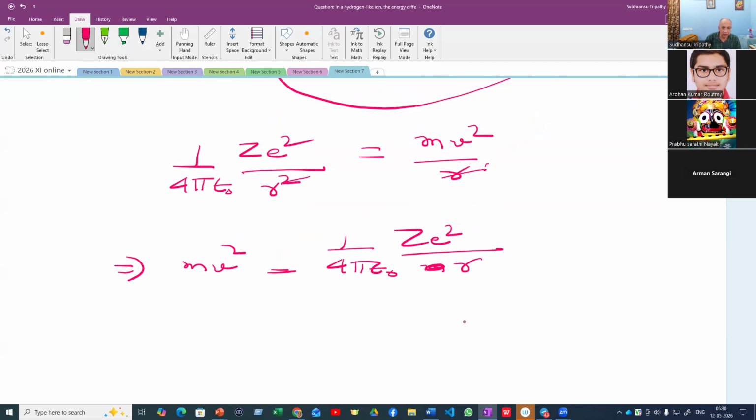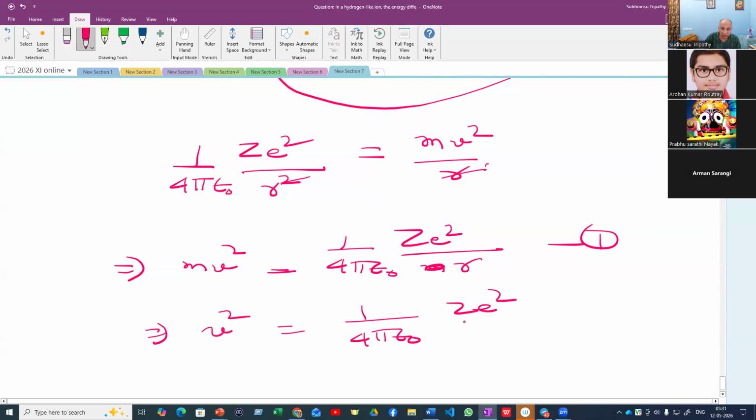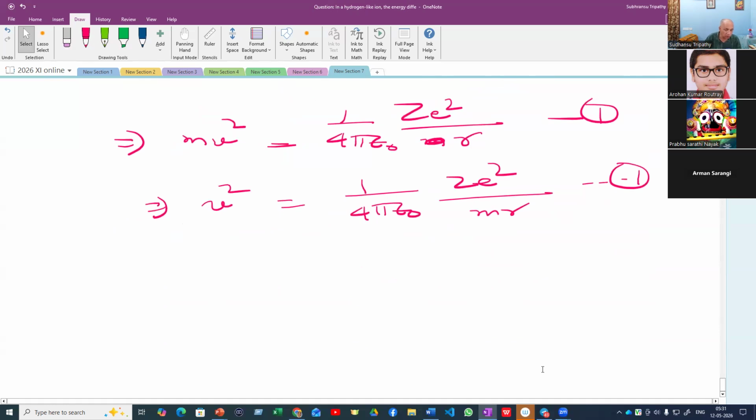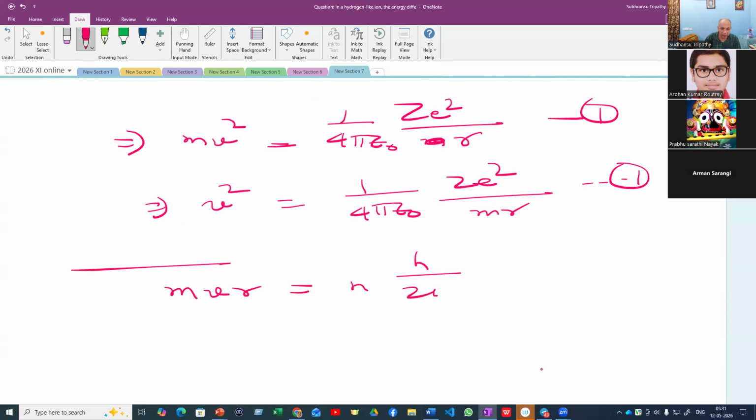Right? Yes or no? Yes, sir. And this is equation 1. We also got v square equal to 1 by 4 pi epsilon naught Ze square by mr. Then we took Bohr's postulate about the quantization of angular momentum, mvr is equal to nh by 2 pi.